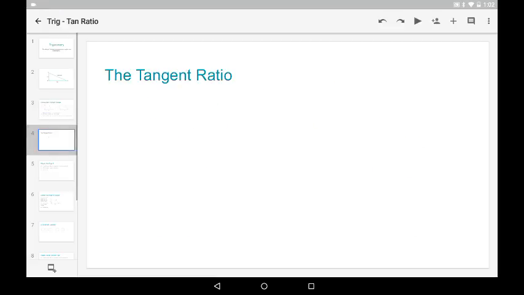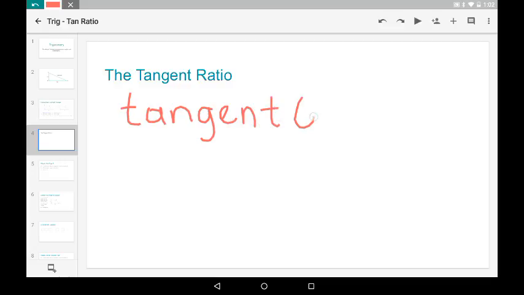Okay? So the tangent ratio, which is really important and is used to solve all the problems here, is basically that the tangent of whatever angle we're talking about, theta, is equal to the length of the opposite side over the length of the adjacent side.